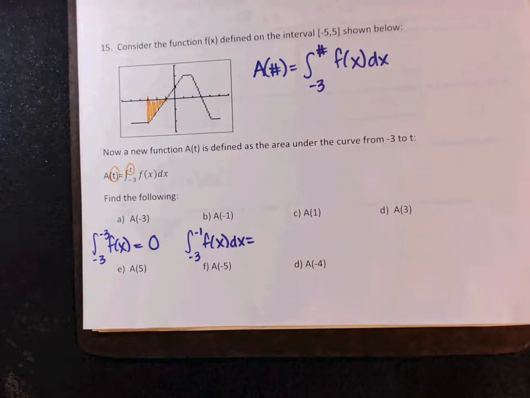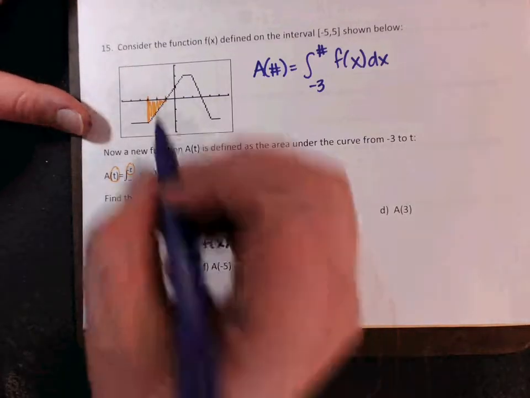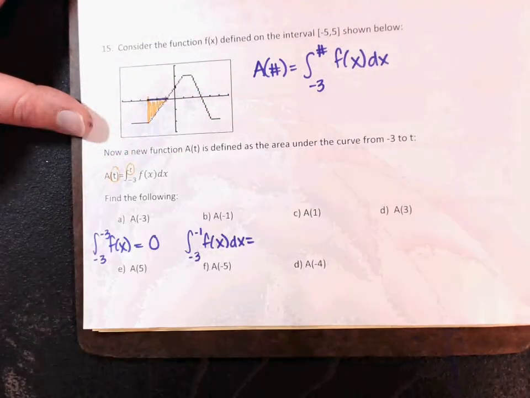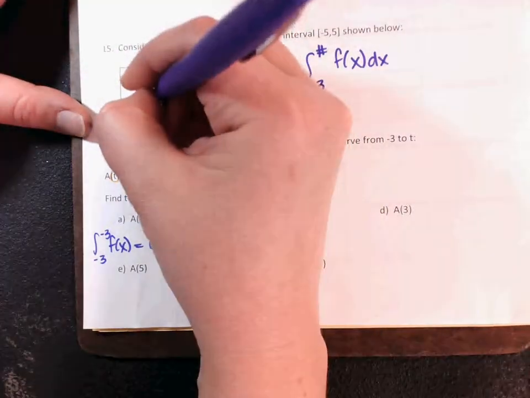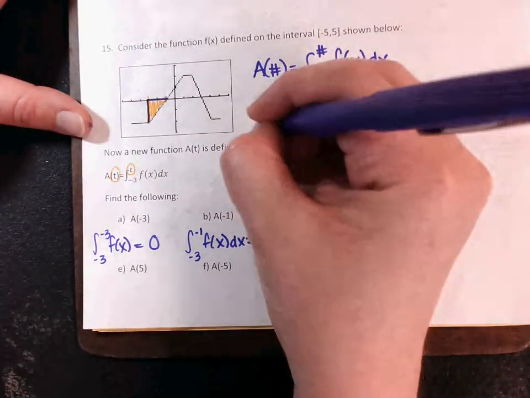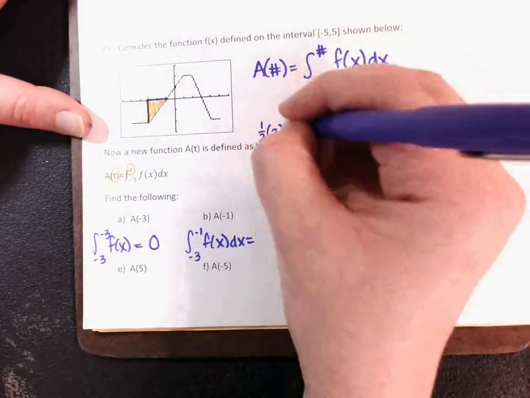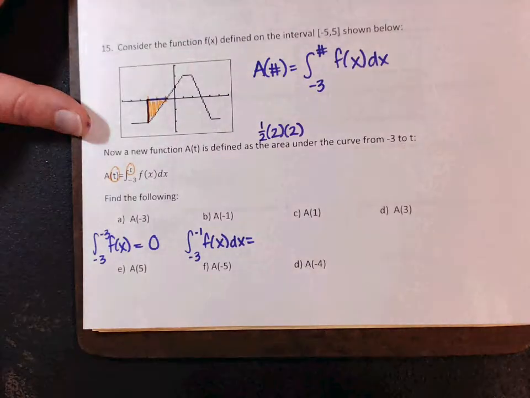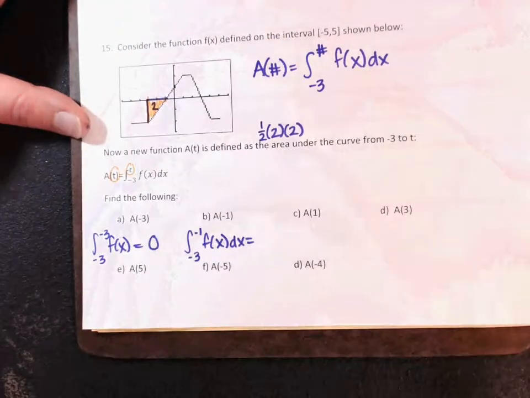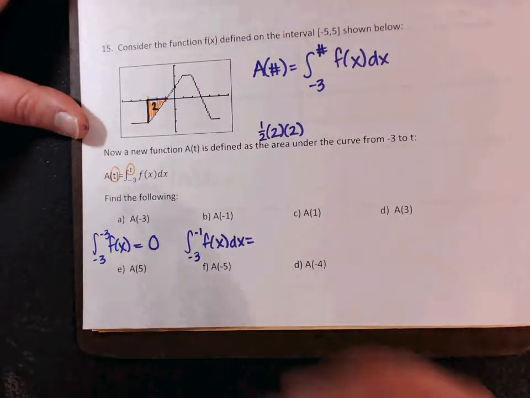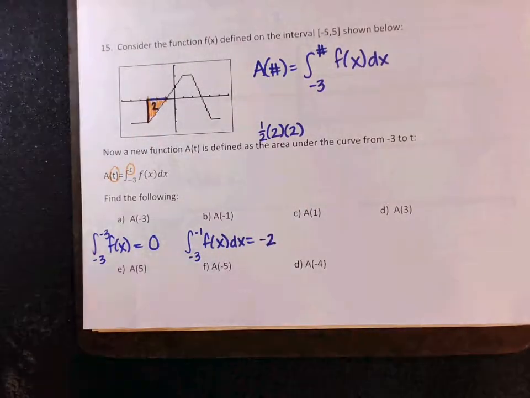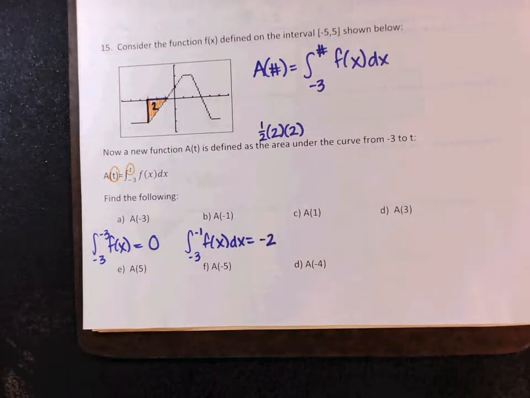Then you would break that down into what shape? Triangle. So it would be 1/2 base times height. How long is my base? 2. How tall is my height? 2. So that would be 1/2 times 2 times 2, which is half of 4, which is 2. And it would be negative 2 for the integral, because the area was below.